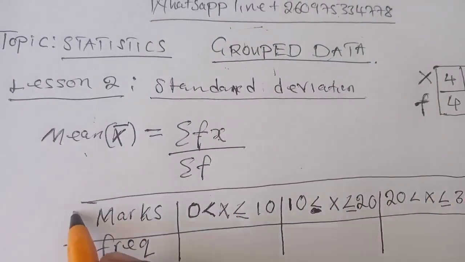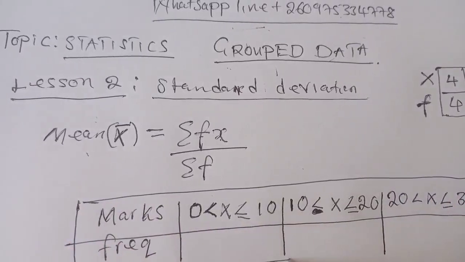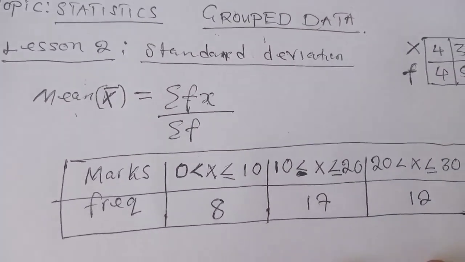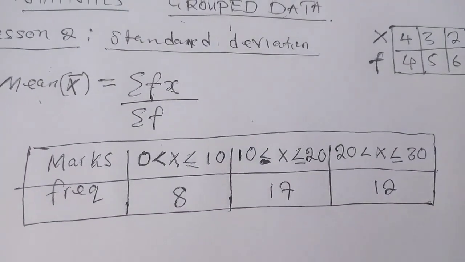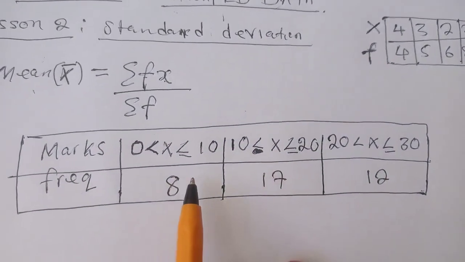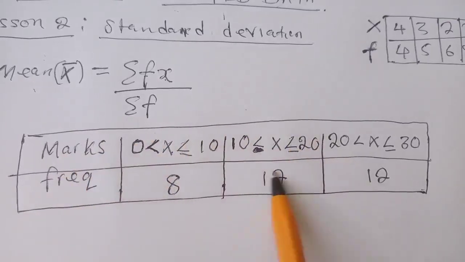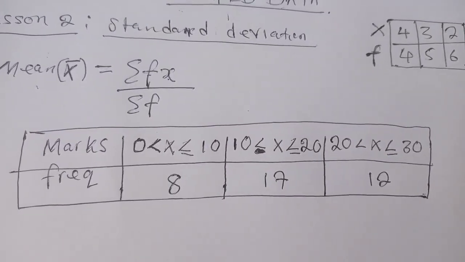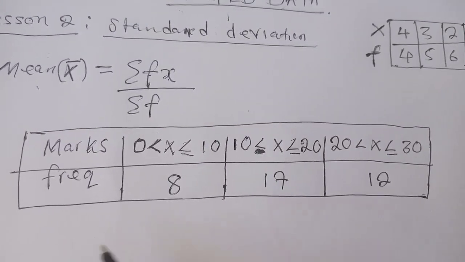Then here, let's say there is 8, there is 17, there is 12. This is what grouped data will look like. Trust me, it is not confusing. I'll make it simple to your level so that you understand very well how to solve this.